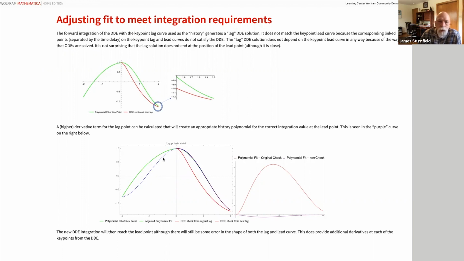This is the new lag curve, and it comes very close to the original thing, but now we've taken this integral check, and it's now very much on top of the predicted curve. So that allows us to refine our initial approximation. We can then take this derivative that we've added here, and with the DDE, increase the derivatives at these other points.